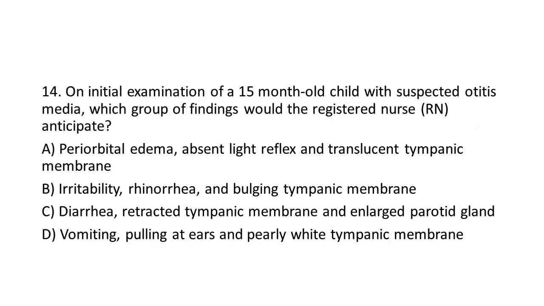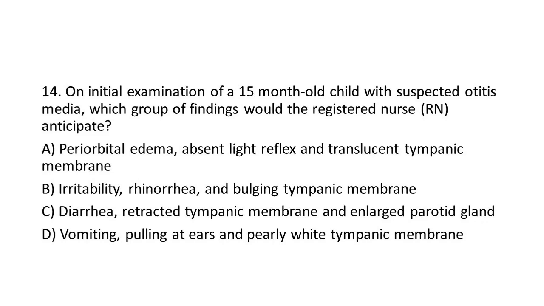14. On initial examination of a 15-month-old child with suspected otitis media, which group of findings would the registered nurse, RN, anticipate? A. Periorbital edema, absent light reflex and translucent tympanic membrane. B. Irritability, rhinorrhea, and bulging tympanic membrane.